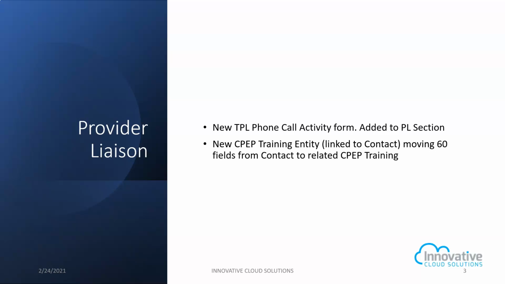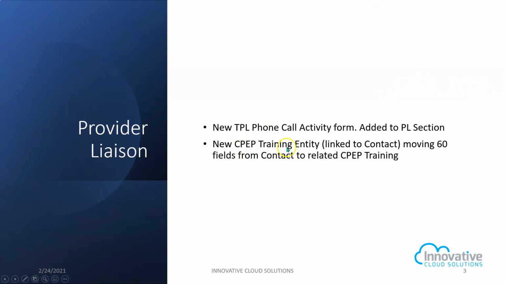Also, one of the big challenges that we had at QTC was the provider record, the provider form, had run out of capacity, meaning there were so many fields on that form that we couldn't add any more. So one of the objectives we had throughout this upgrade was how can we still give you all that data, but get some of those fields off of that form.